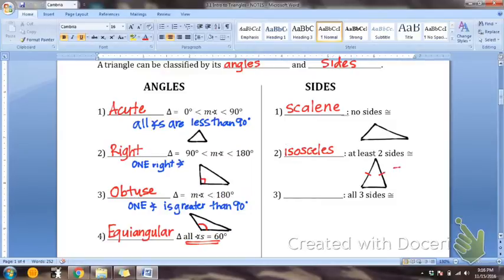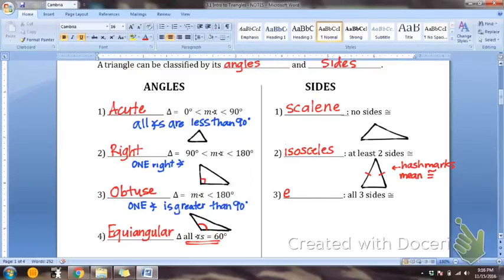And we make these little hash marks to represent congruency, because if two sides are the same, then we need to mark them the same. And maybe off to the side you can write that the hash marks mean congruent. Okay? So these little hash marks mean congruency.